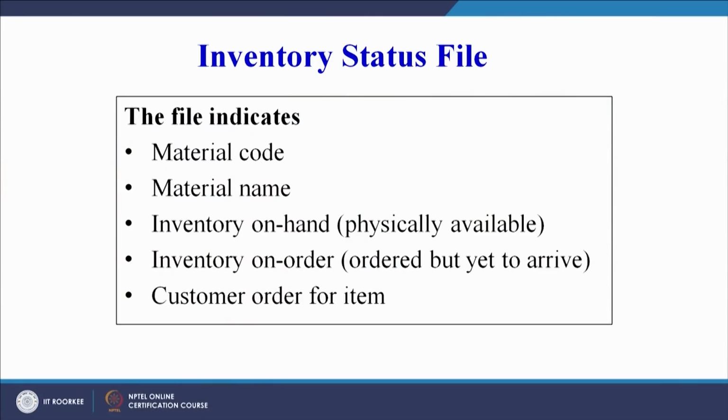Now the inventory status file usually indicates the material code, the material name, inventory on hand, that is physically available with us, inventory on order, that is ordered but yet to arrive at our premises, and customer orders for the item.